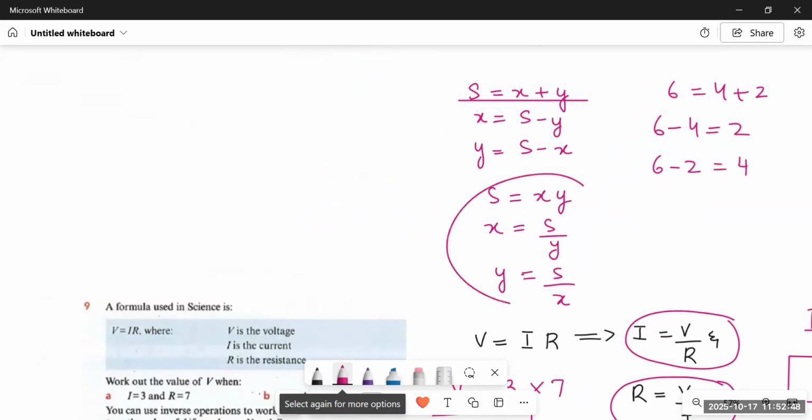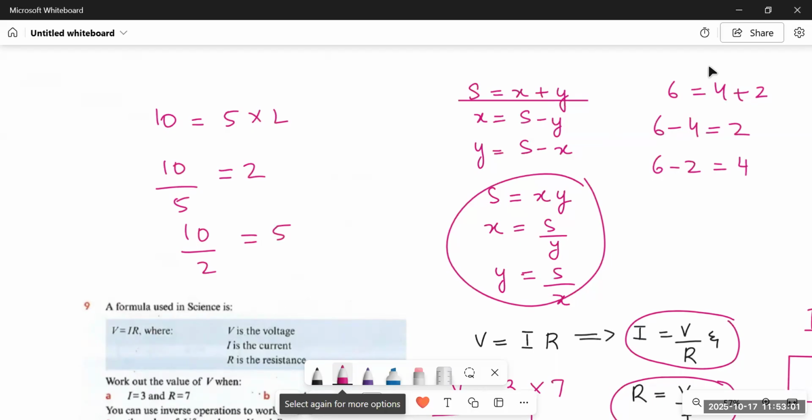Same thing over here. If 10 is equal to 5 multiplied by 2, then 10 upon 5 is equal to 2 and 10 upon 2 is equal to 5. If you practice these two inverses of the formulas, you'll be able to do these questions very easily. That's all.